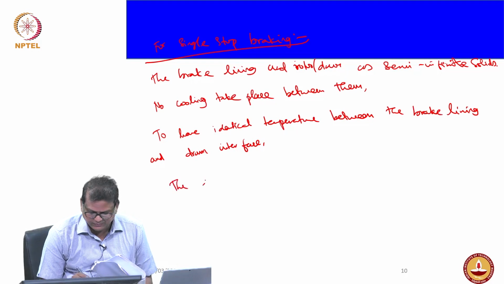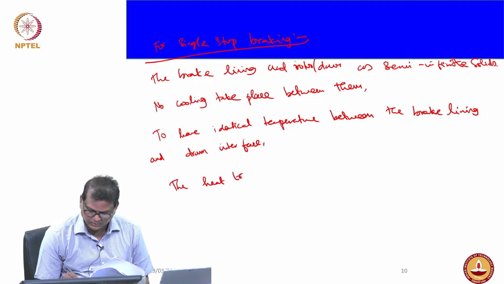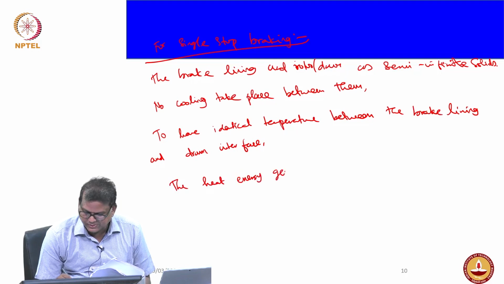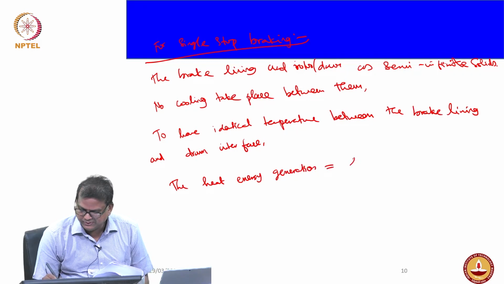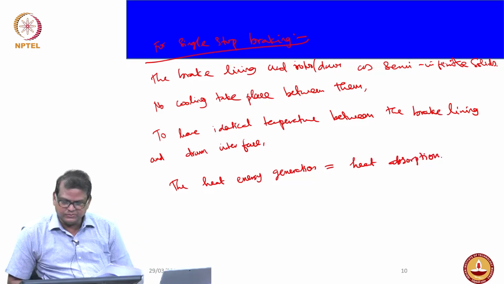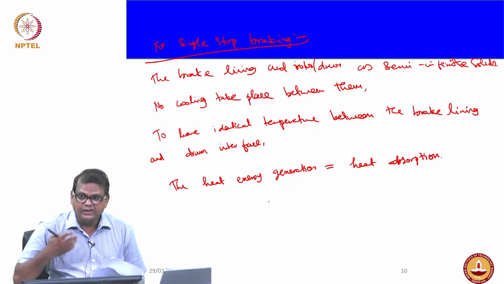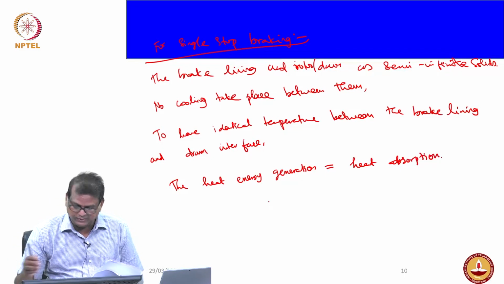The heat transfer, or heat energy generation, must be equivalent to the heat absorption. This is what happens. So whatever heat energy is generated must be equal to the heat absorption.